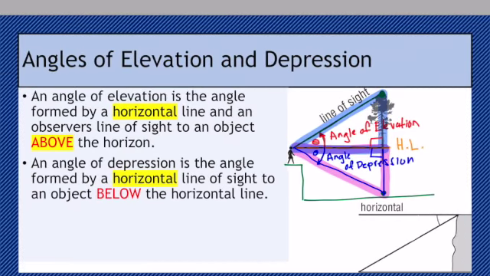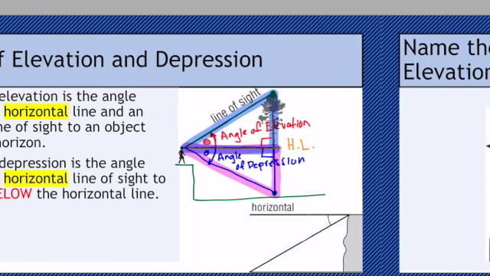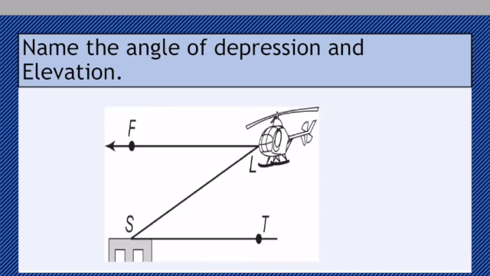Alrighty, let's go ahead and look at some more examples. Here all we're asked to do is identify which of the angles is an angle of depression and which one is an angle of elevation. The first thing we should identify is the horizontal lines.